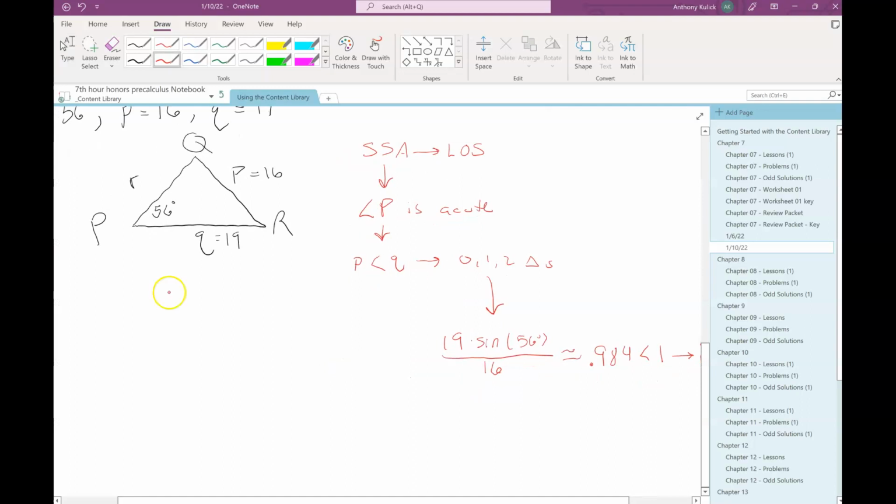So the first thing I'm going to do is set up a space to record my answers for each of these two triangles. Now, the information for angle P, side P, and side Q, that's the same in both triangles.